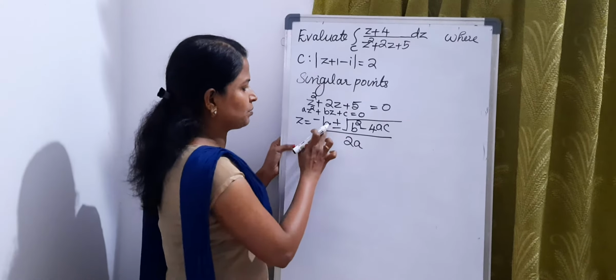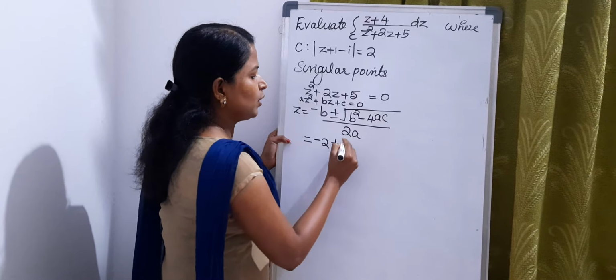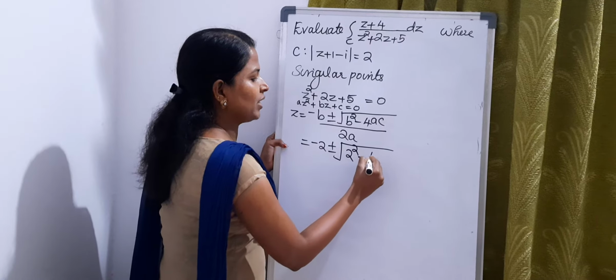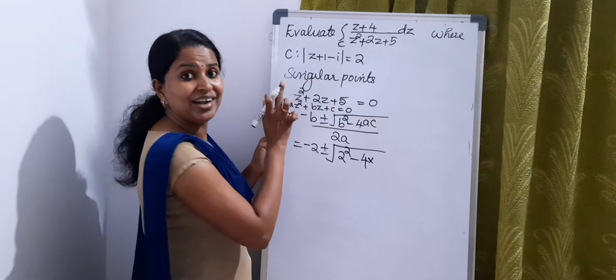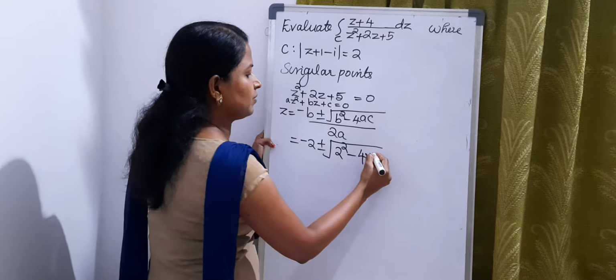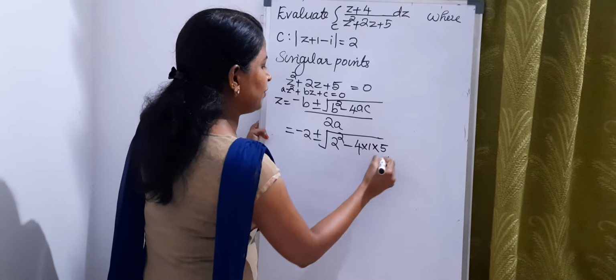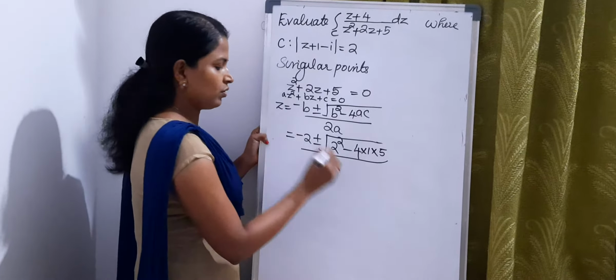So here, -b means -2, plus or minus the root of b², which is 2², minus 4ac. What is a? It's 1, the coefficient of z². What is c? It's 5, divided by 2a, that is 2 into 1.